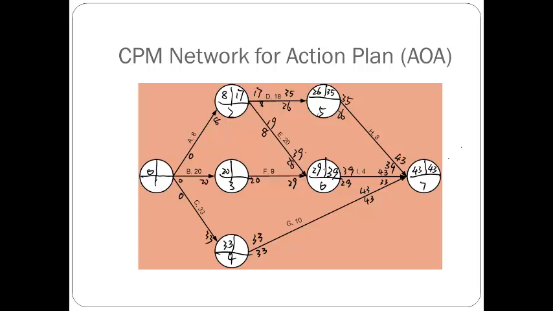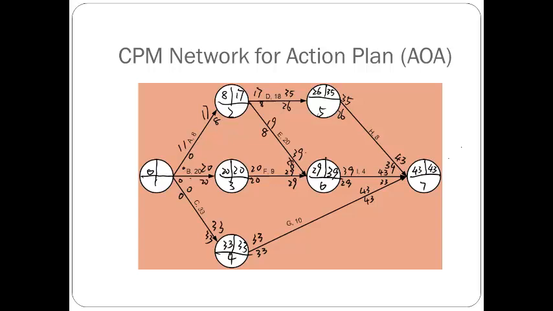And 29, 29, 20, 20. And this 17 comes to here. 17 subtract 8, 11. And this is 20, 0. And going here, 33, 33, 0.